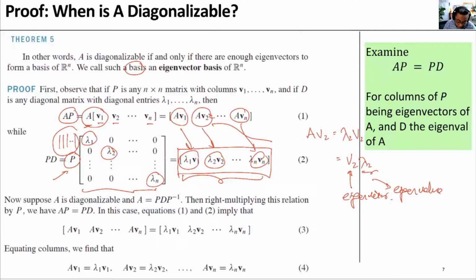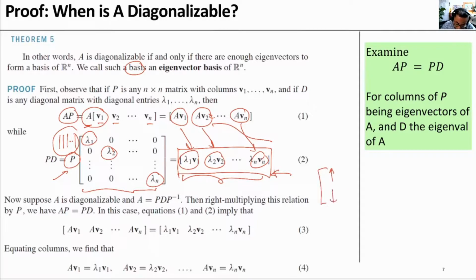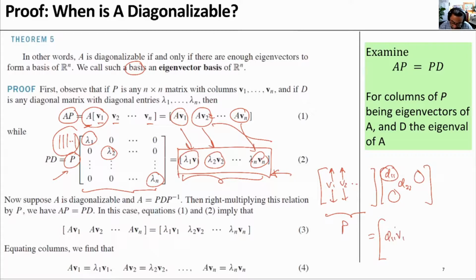So the column vectors V1, V2 post-multiplied by D11, D22, with all the rest being 0, will be equal to: the first column of P is affected only by D11, so D11 multiplied by V1.